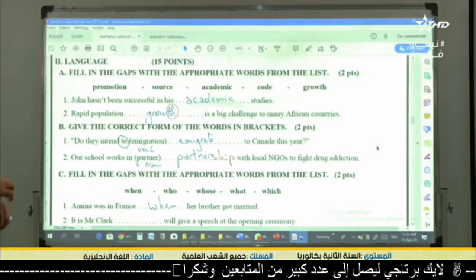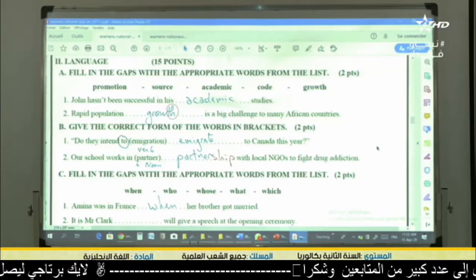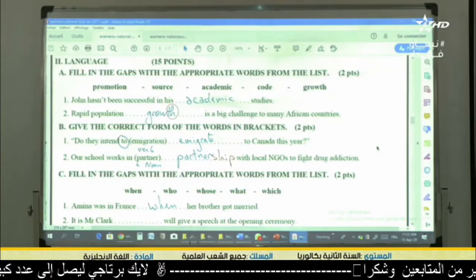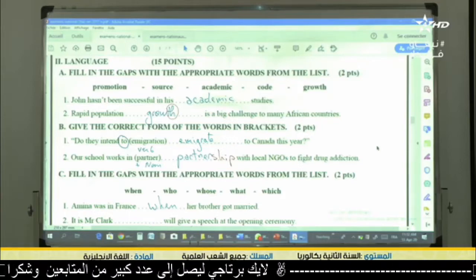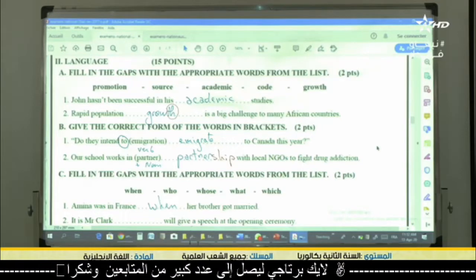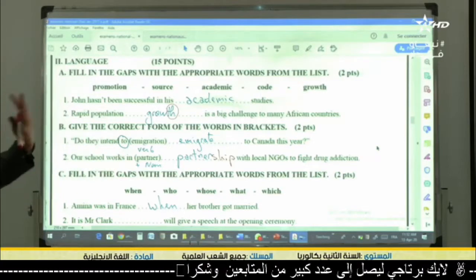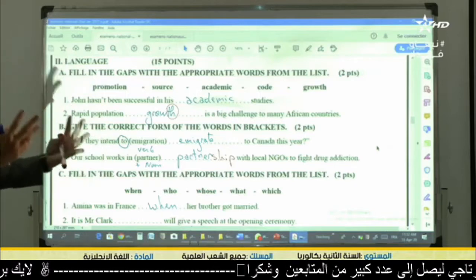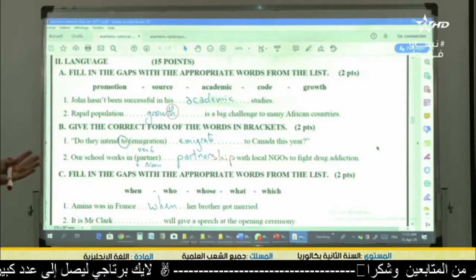Number 2, it is Clark. Clark is a person here. Clark will give a speech at the opening ceremony. He's going to speak in public, a speech at the opening ceremony. So it is Clark, okay?